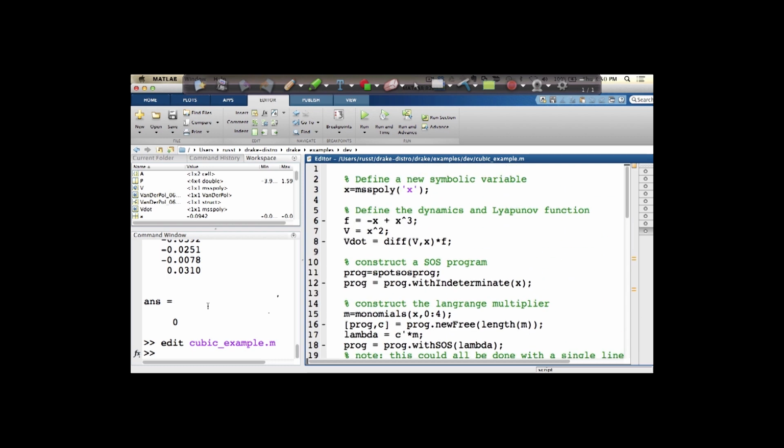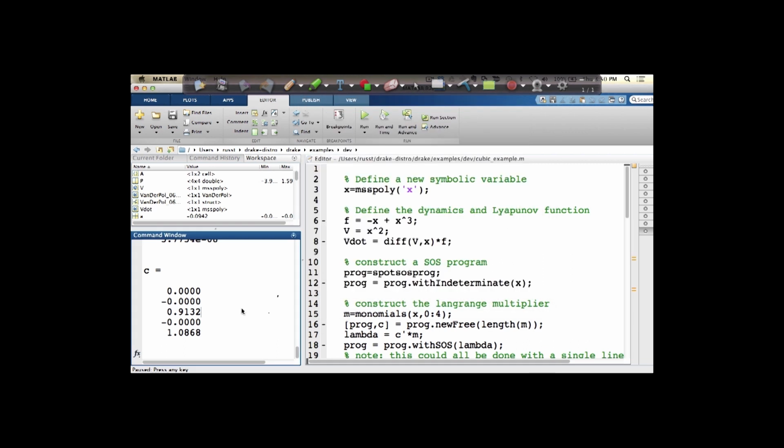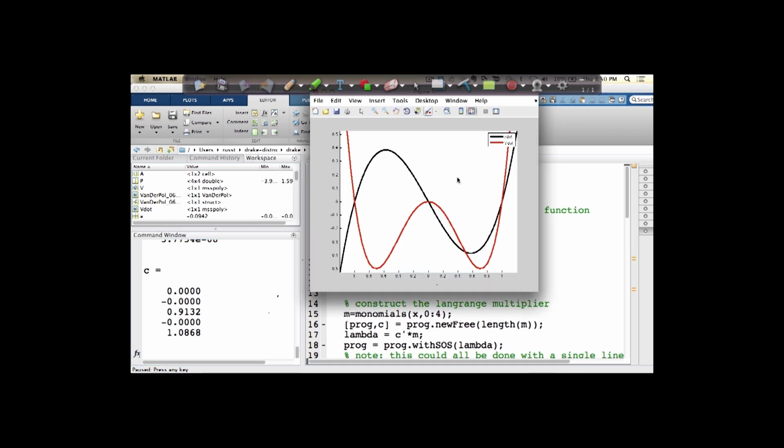And I'm going to plot a couple of things for you when it runs. Okay, so here's my x cubed. This is V dot. You already know that it's negative only between -1 and 1. It couldn't be more, right?